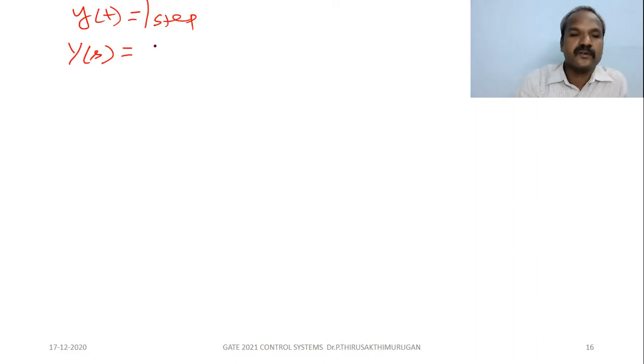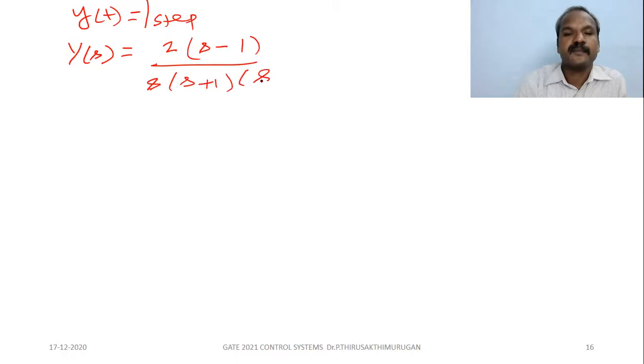So Y(s) equals, bringing that s to the right-hand side for the given input, (2s minus 2) divided by s into (s plus 1)(s plus 2).